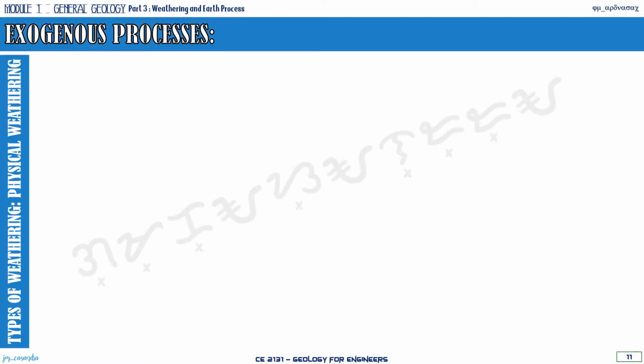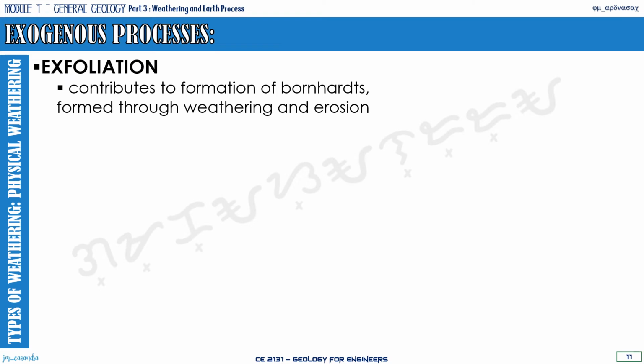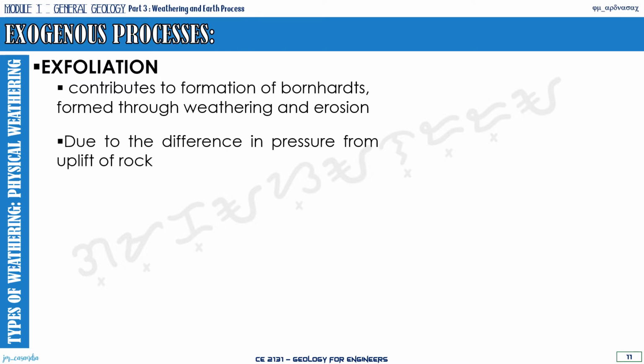Okay? So another example of physical weathering is what we call the exfoliation. So exfoliation will now contribute to the formation of Barnhards, which is a kind of land formation, which is formed through weathering and erosion. So what happens in exfoliation? This is now due to the difference in pressure from the uplift of rock. So this comes from the pressure below the rock.